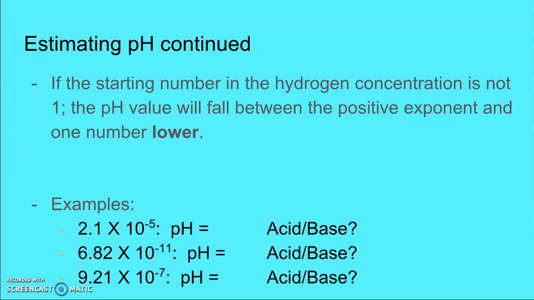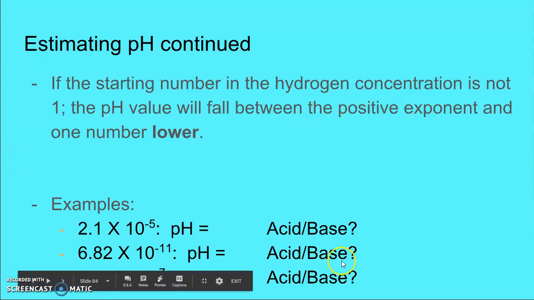My pH is going to be between 4 and 5, which would make it still an acid. 6.82 times 10 to the negative 11th is obviously not a 1 for my starting number, so my pH is going to fall between 11 and one number lower, so between 10 and 11. 9.21 times 10 to the negative 7th, my pH is going to fall between 6 and 7. So this one would be a base, and this one would be more on the acid side.